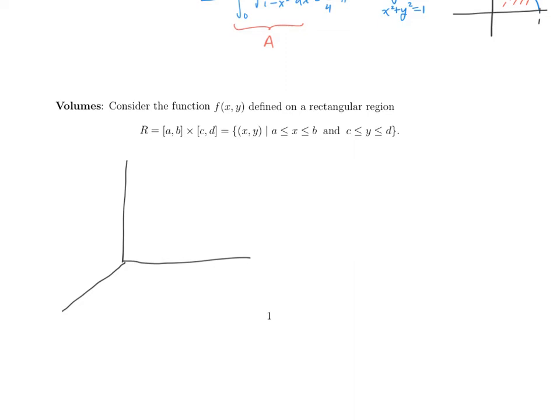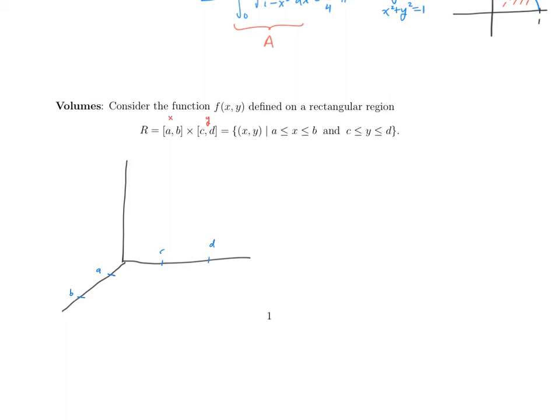And note that the x here is not a cross product. The first interval is telling you where you find the x values. The second interval is telling you where you find your y values. So we have our x values restricted between a and b, and our y values restricted between c and d.